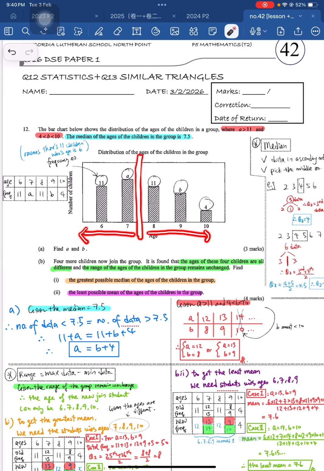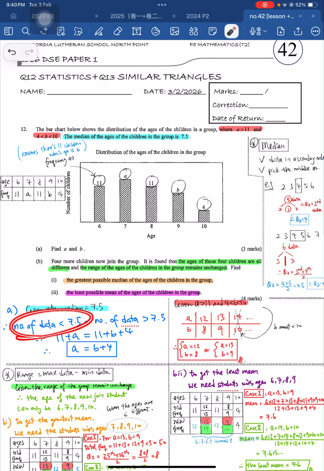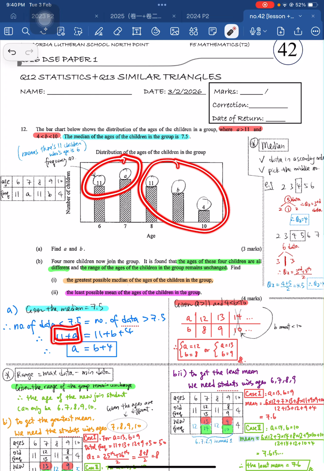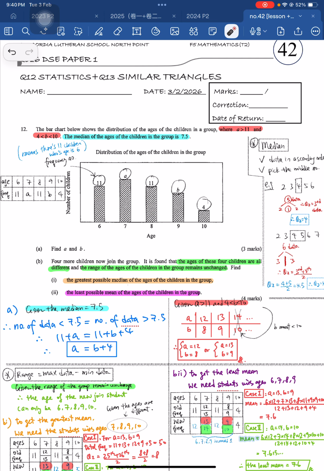The number of data smaller than 7.5 is 11 plus A, and the data greater than 7.5 is 11 plus B plus 4. To solve this equation and simplify, we get an equation relating A and B, which is A equals B plus 4.